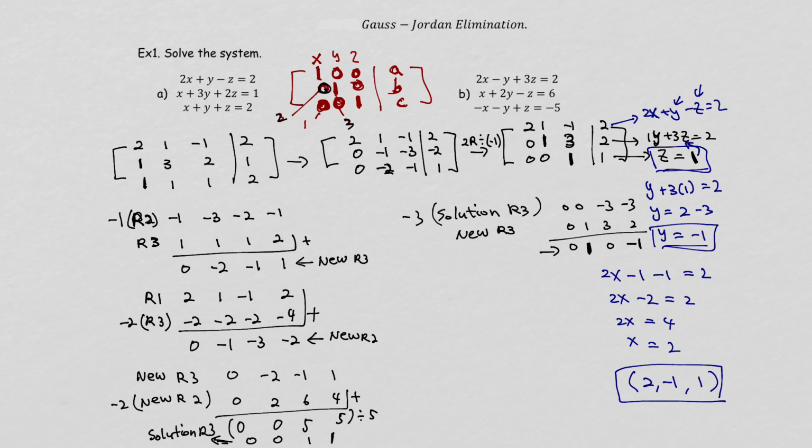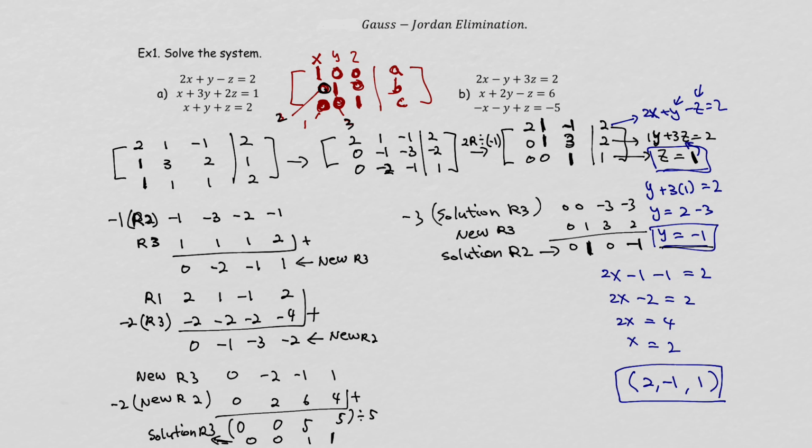So that can be solution row 2, right? So y equals -1, which is the same. And using solution row 2 and solution row 1, you create this value 0 and this value 0, and you can find your x.